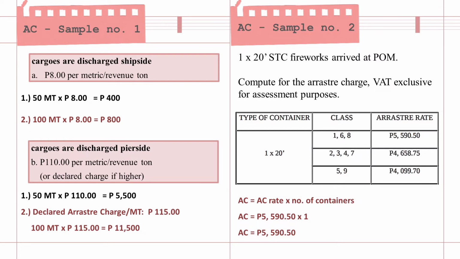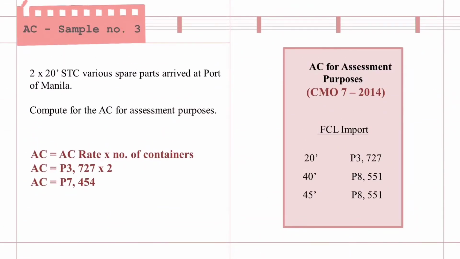Now let us have sample number 3. Two by 20 footers said to contain various spare parts arrived at Port of Manila. Compute for the arrastre charge for assessment purposes. So if we ever hear arrastre charge for assessment purposes, then just recall the rates pursuant to CMO 7-2014, okay?